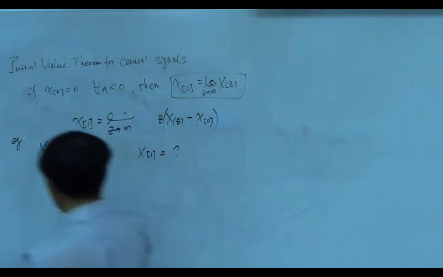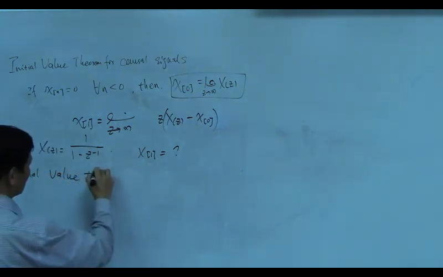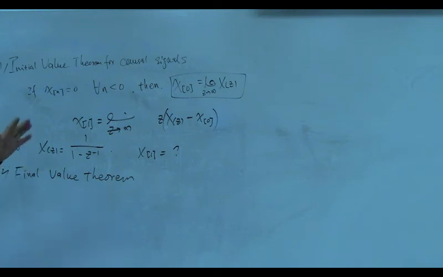The next one will be final value theorem. This is initial value. The next one is final value. Almost the same thing. We just find the final value, meaning x infinity, when n goes to infinity. So we write: limit as n goes to infinity of xn.